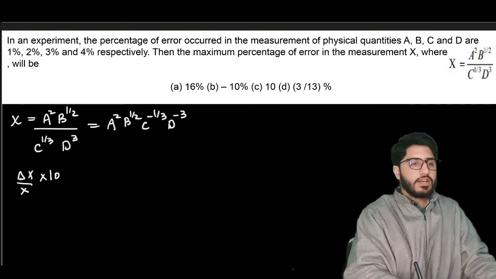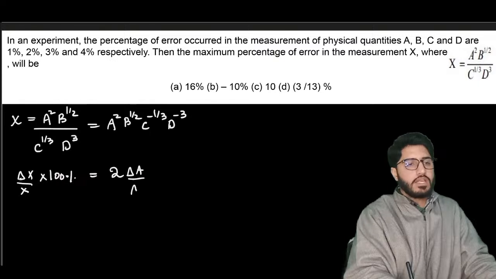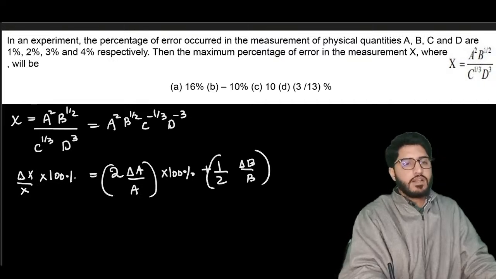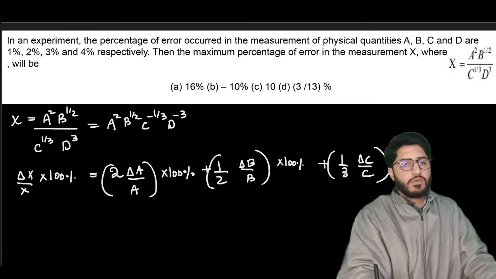So delta X by X multiplied by 100 equals 2 delta A upon A multiplied by 100 percent, plus 1 by 2 delta B by B multiplied by 100 percent, plus 1 by 3 delta C by C multiplied by 100 percent, plus 3 delta D by D into 100.